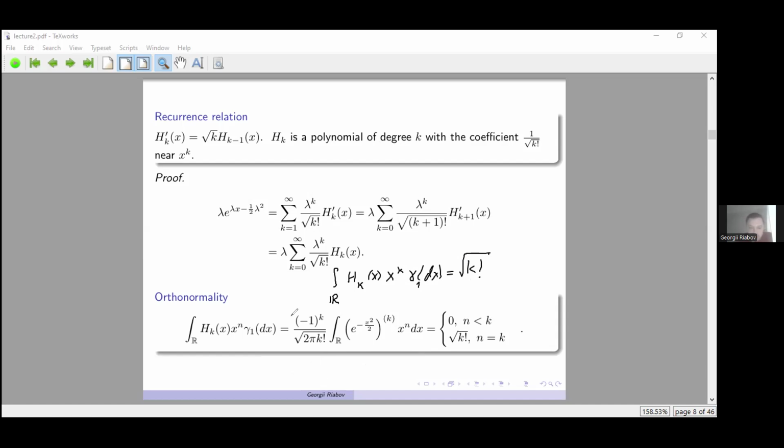And now recall that the kth Hermite polynomial is of this form. So this is 1 over root of k factorial x to the power k plus terms that are of lower power than k.